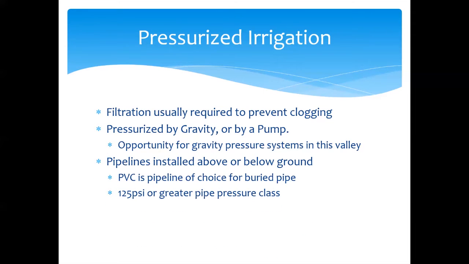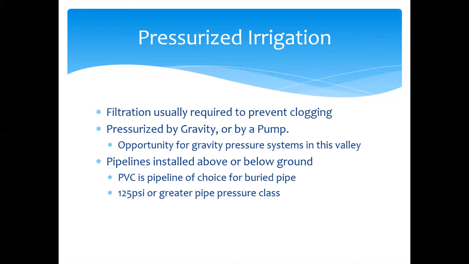PVC pipeline choice for pressurized systems. Usually I don't like to put in any pipe that's less than 125 PSI rated PVC pipe, just because it's really thin and it's hard when you're installing it. It can be really flimsy sometimes. Just a thicker pipe is just a little bit more robust and lasts longer.